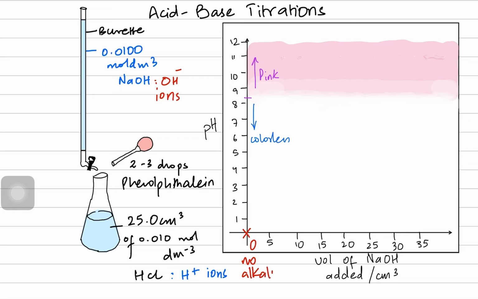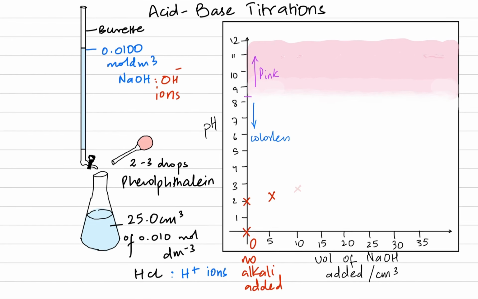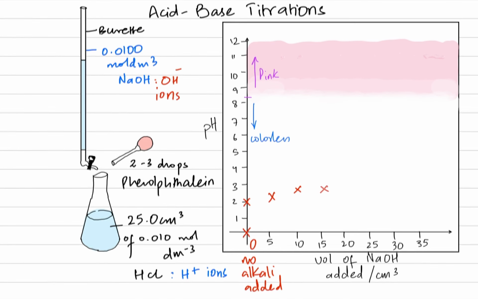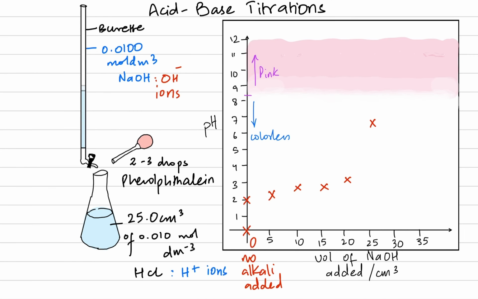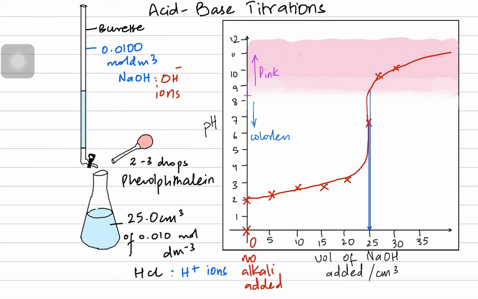In the beginning, when no alkali was added, obviously it was colorless because it has a pH of around 2 because of the acid. But as you add volume from the burette, the pH slightly increases, and suddenly it increases really sharply, and then it becomes stable around 12ish.